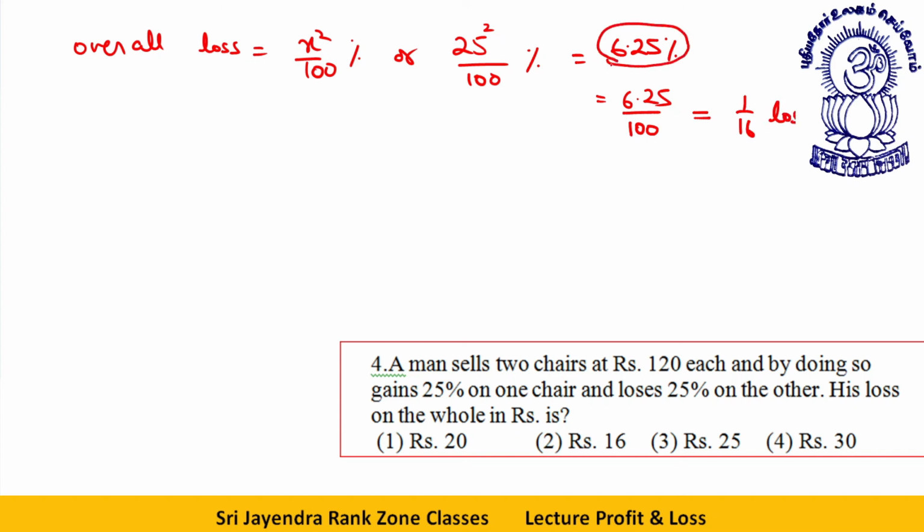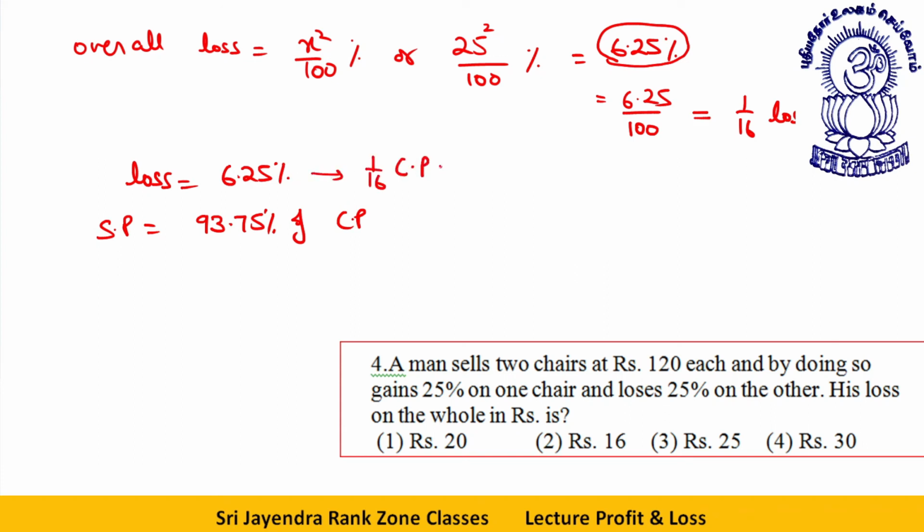6.25% is the loss. See, students, this is equal to 6.25%. Then SP will be what? SP will be 93.75% of CP, or a better way, the loss is 1 by 16 of the cost price.